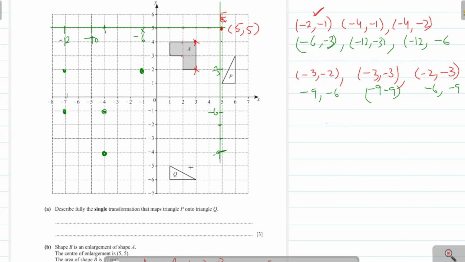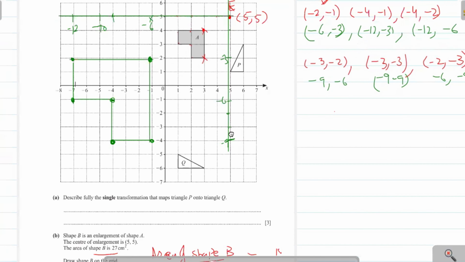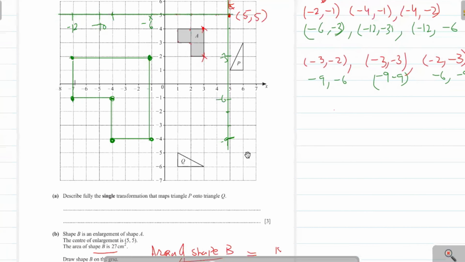And the last is (-6, -9). Now we will join all these points. And this is the enlargement of shape A with scale factor 3, having a center of enlargement (5, 5).